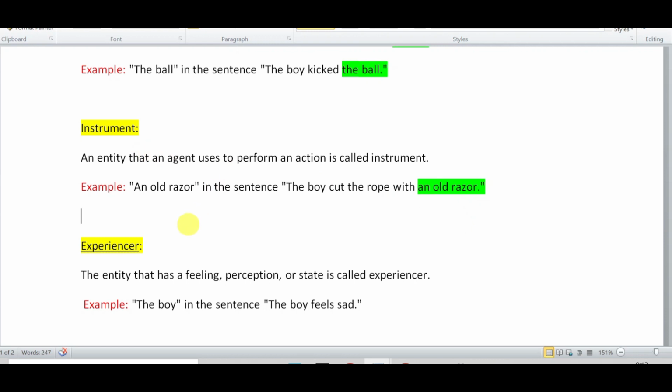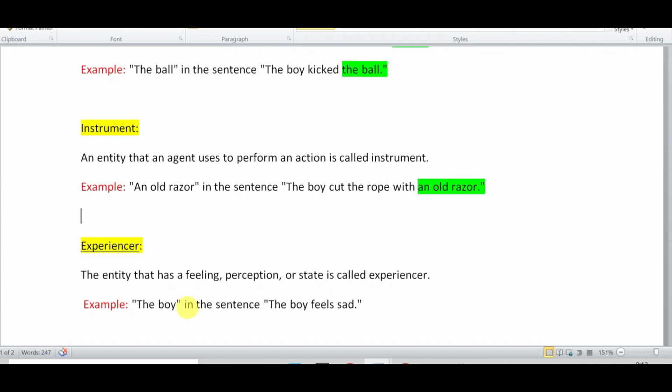Then the experiencer. The entity that has a feeling, perception, or state is called the experiencer. This is interesting and tricky too. We said that the part of the sentence that performs an action is our subject, and the part of the sentence that has a feeling is called our experiencer.